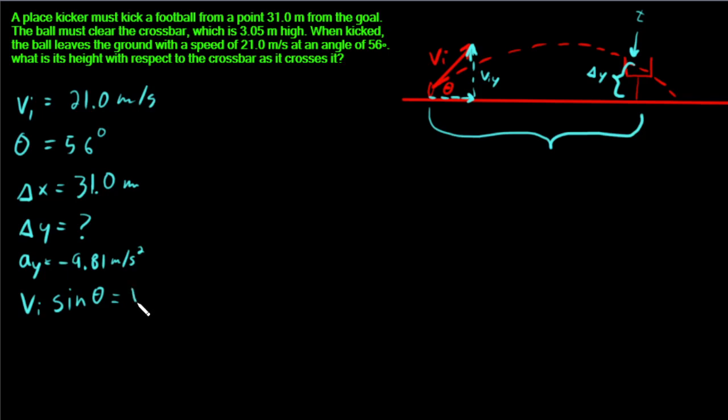So VI sine theta equals VIY, and putting in 21 for the initial velocity and 56 for our angle is going to give us the initial velocity in the y dimension. Go ahead and pause the video and do that calculation. Be sure you're in degree mode.